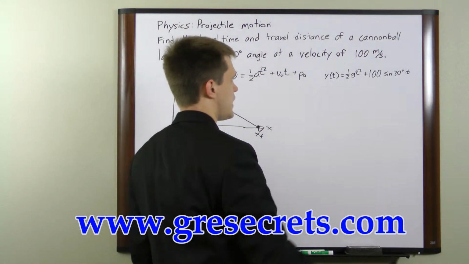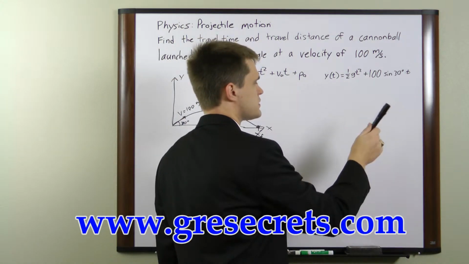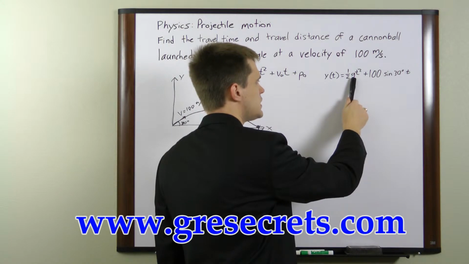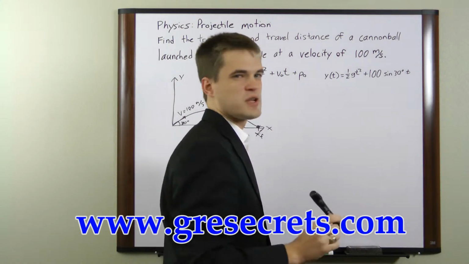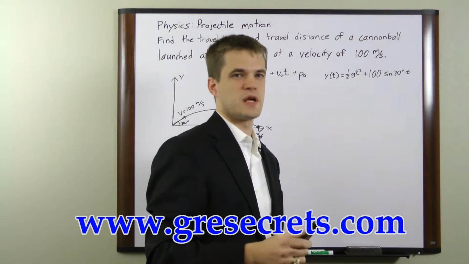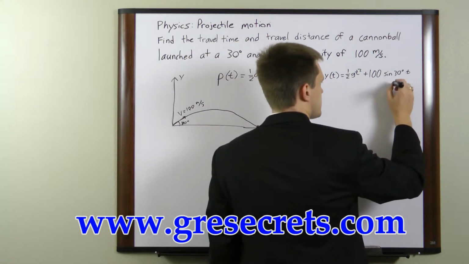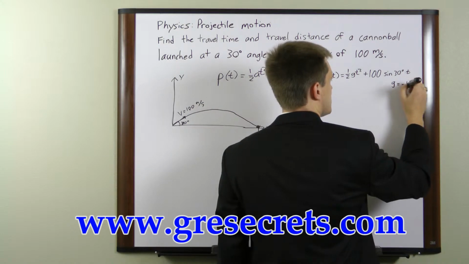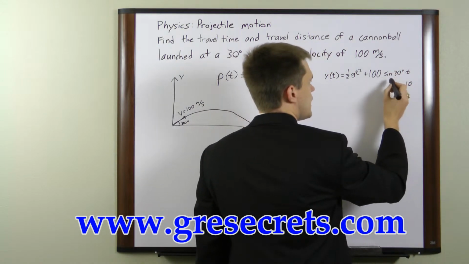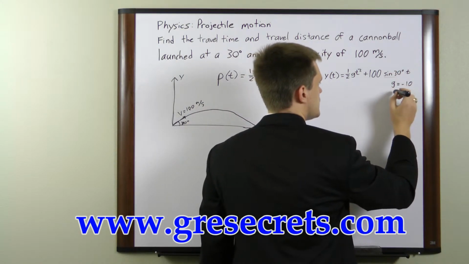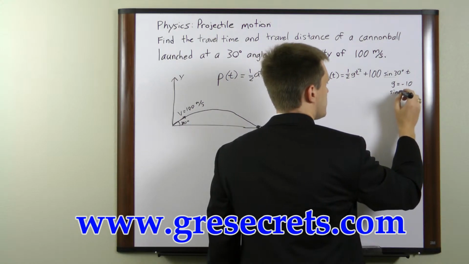Now let's go ahead and simplify this. We'll insert some values here. For g, we're going to use -10 meters per second squared instead of the standard 9.81, just to make this a little bit simpler. So we're going to say that g equals -10, and the value for the sine of 30 is 0.5.